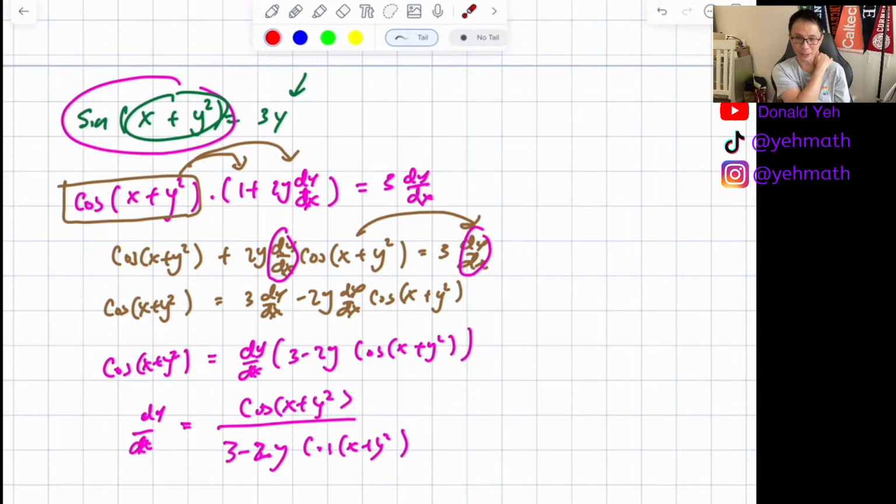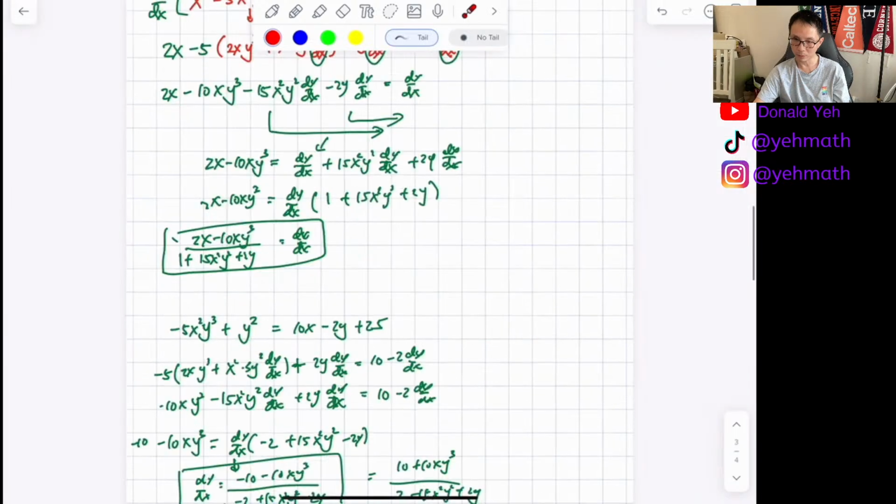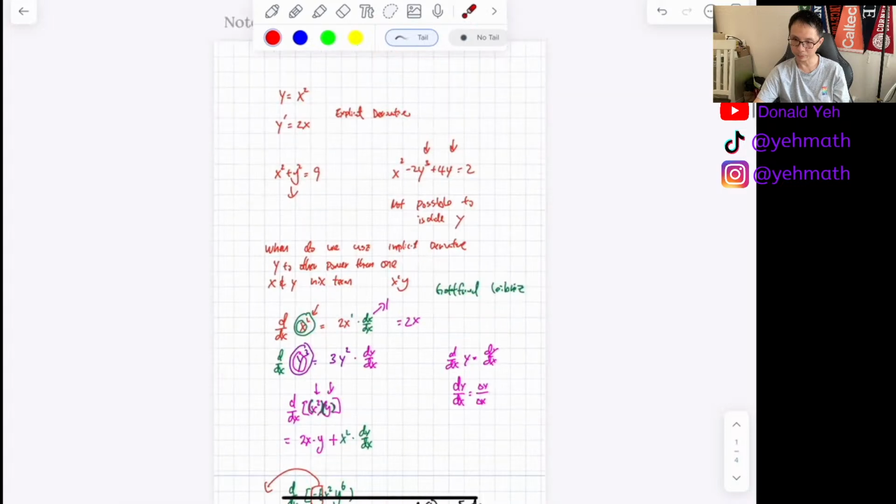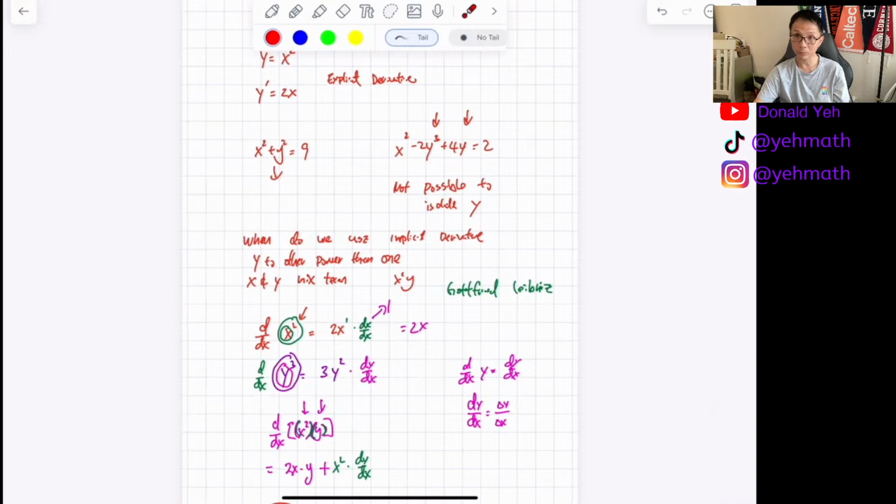I couldn't see what you wrote on one of the pages earlier. This page? X and Y something, I couldn't read those two words. X, Y mixed term. So if you have x squared y, then you use implicit.